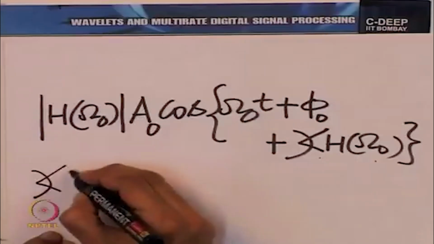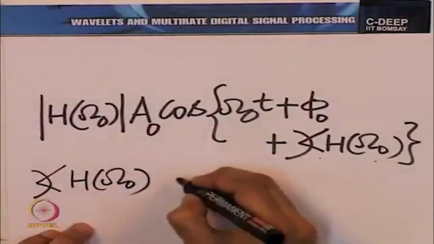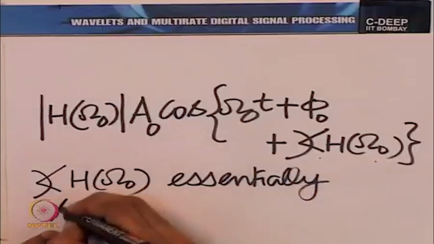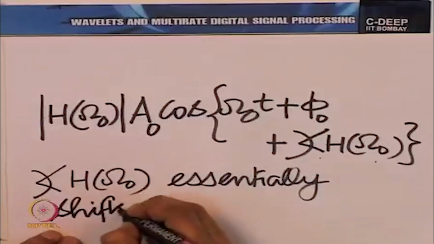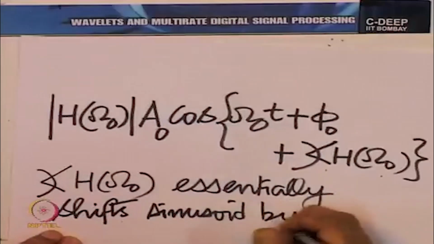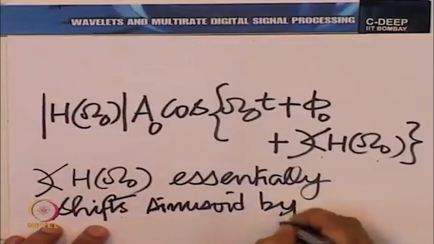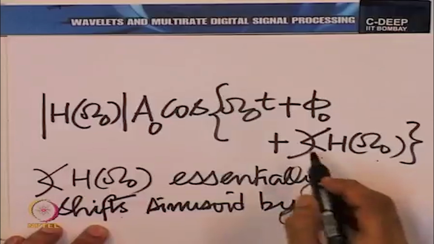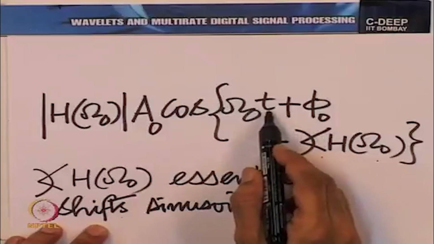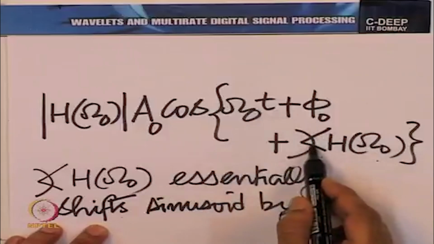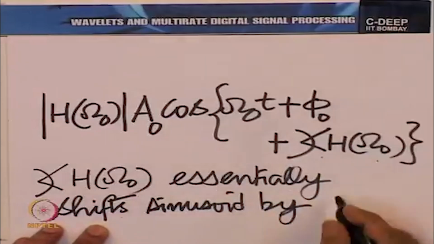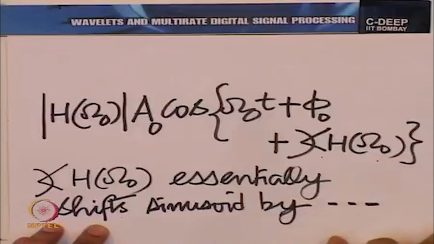So, angle H(Ω₀) essentially shifts the sinusoid by, t is to be replaced by t plus something, and that something is given by this divided by omega. Let us reason out what it should be explicitly.